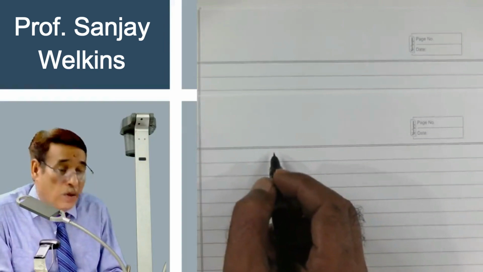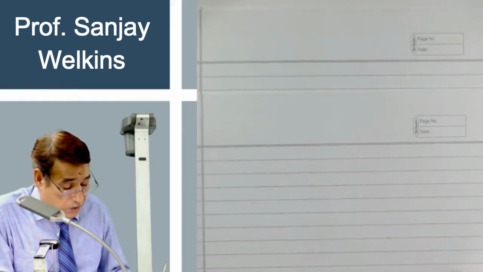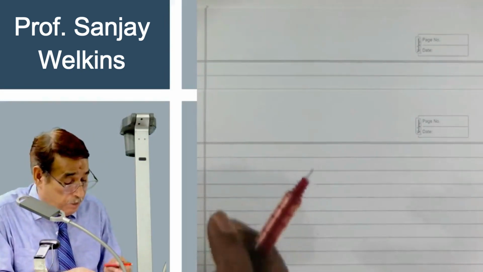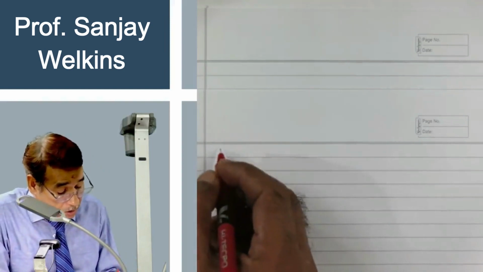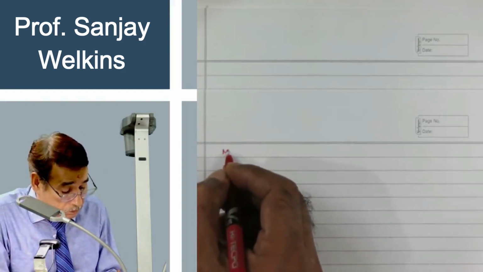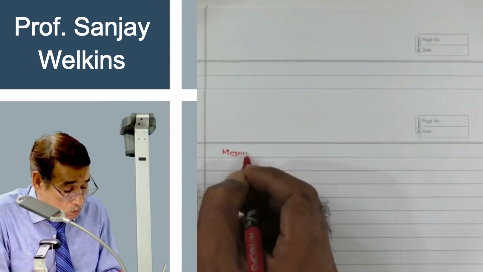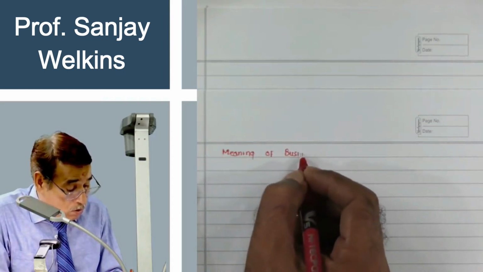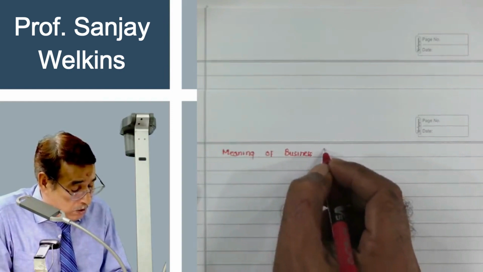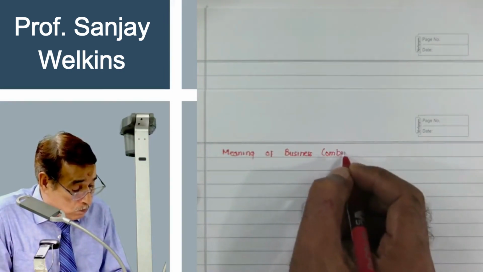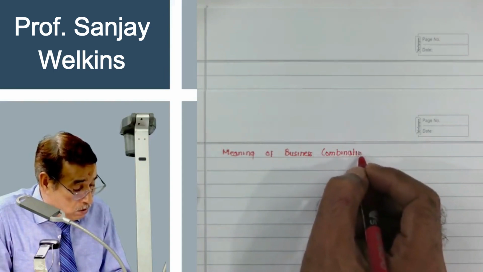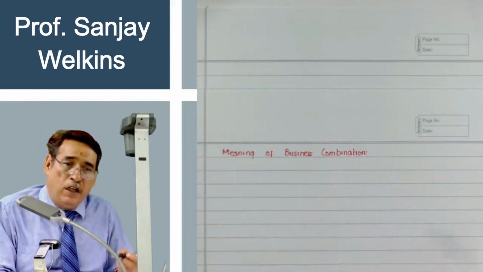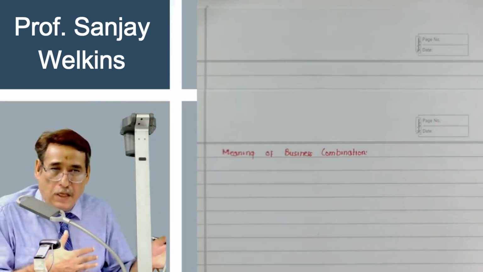Let's come over to business combination. So what is business combination? First of all, let's have an idea regarding that. Meaning of business combination. I have already told you business combination will occur only when you get control over the other entity. Correct?